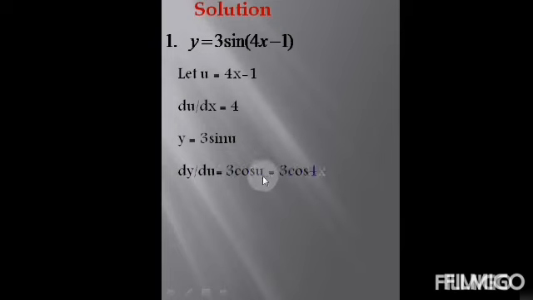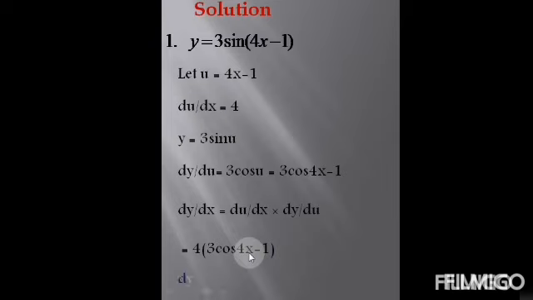That will give you 3 cos of 4x minus 1, because your u is 4x minus 1. So dy dx finally is the product of the two derivatives, du dx times dy du. If you substitute in their values, you have 4 times 3 cos of 4x minus 1. So finally dy dx is 12 cos of 4x minus 1.